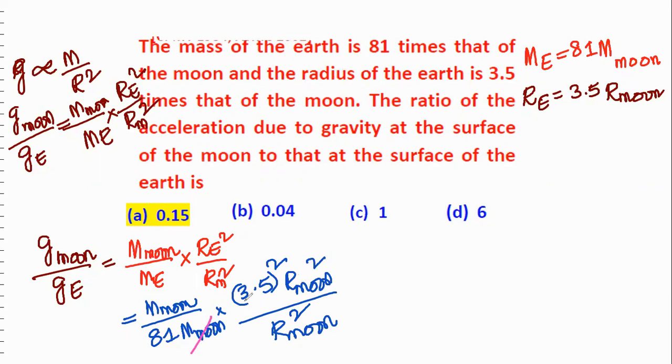The mass of the Moon gets cancelled and the radius of the Moon also gets cancelled.